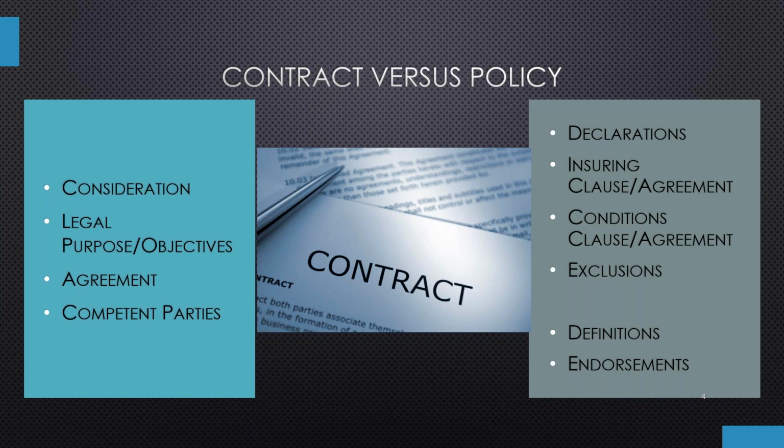Do you still want this coverage? So it can look like it goes back and forth, offer, counteroffer, offer, counteroffer. But it really doesn't matter. Both parties have to agree to the conditions in the contract. Your clients have to agree to provide information and pay the premium. The company has to agree to cover them at that rate. So that's agreement.